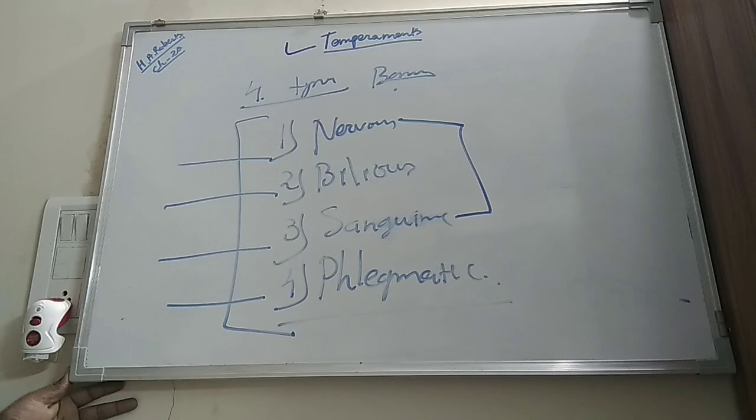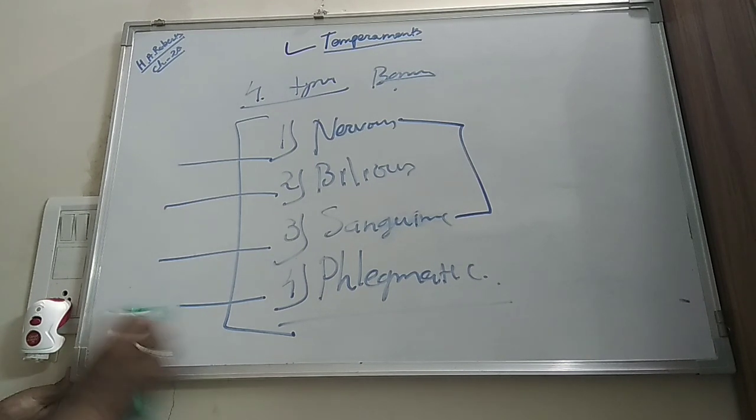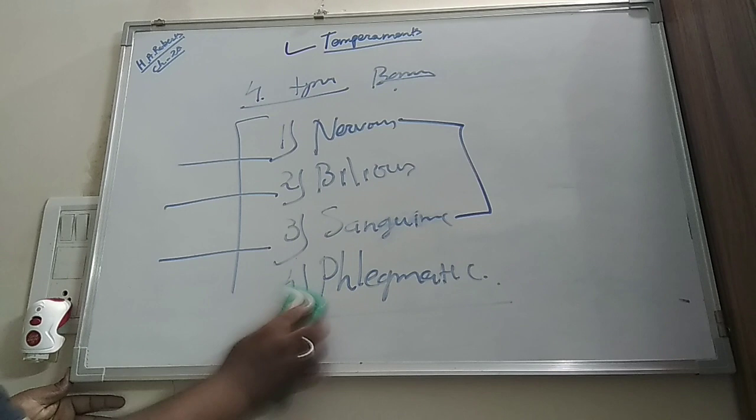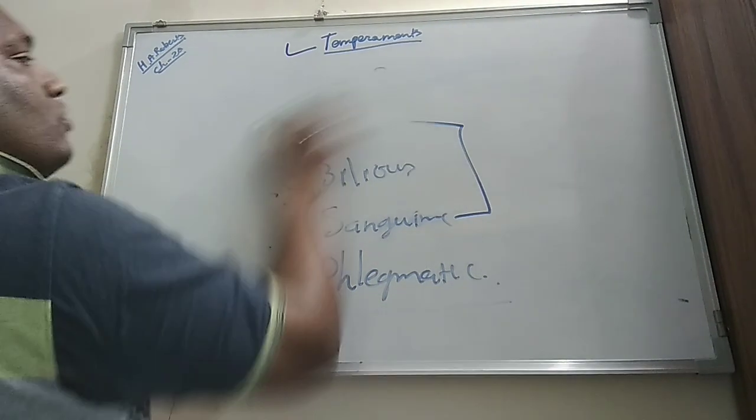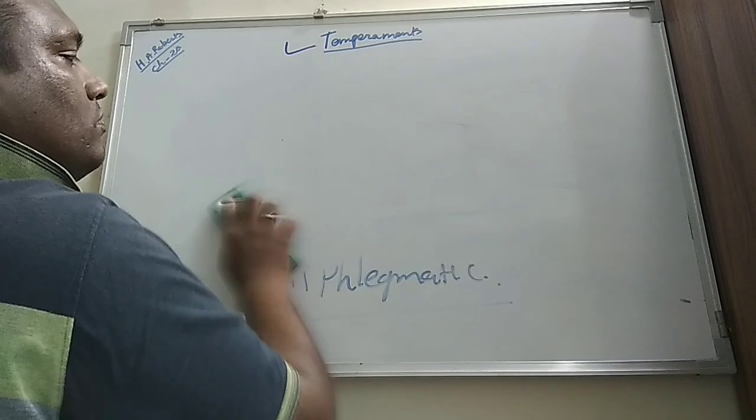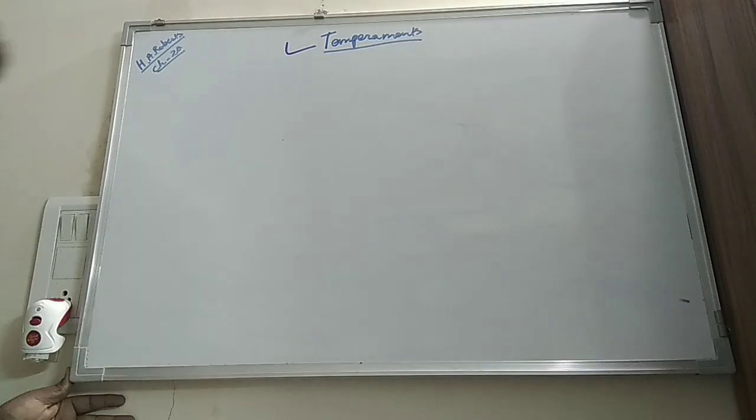This combination of temperaments usually complicates the matter because they might show combination in several different symptoms. But still, understanding the temperament is important. Let us see what it shows.